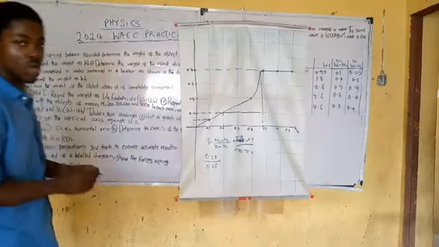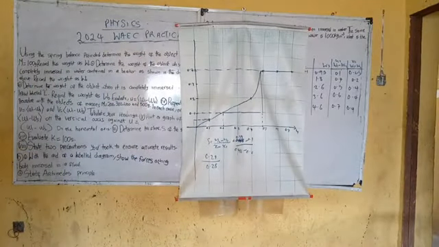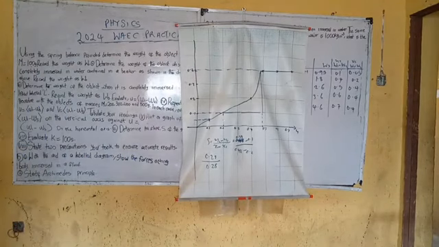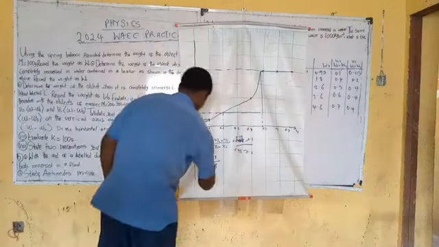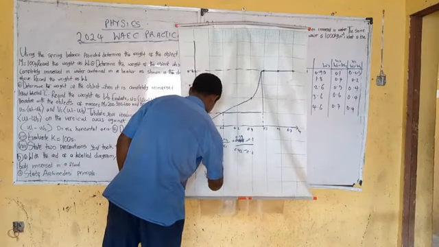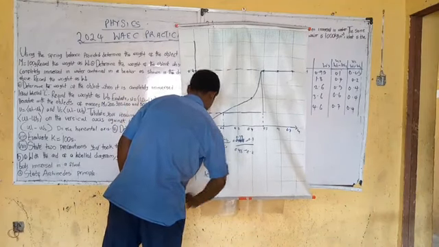So 0.29 divided by 0.28 is going to give me the slope of the graph. That is 1.04. So our K is equal to 1.04.